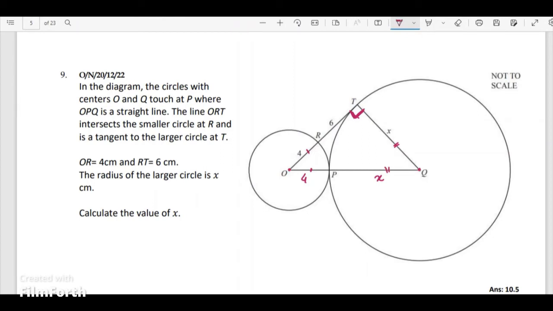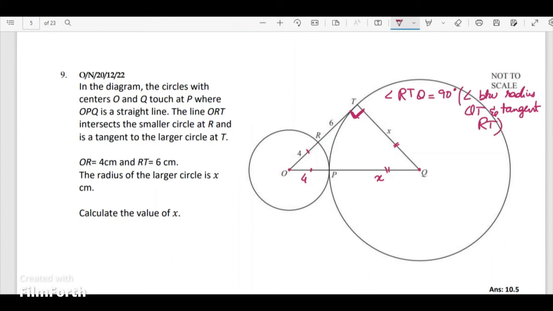Why? Because it's the angle between the radius, that is QT, and the tangent, that is RT.